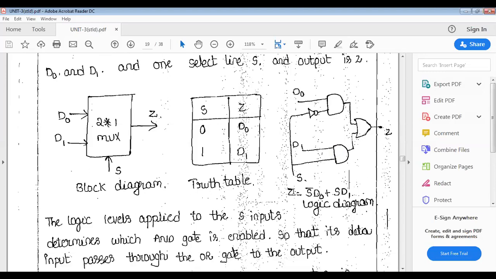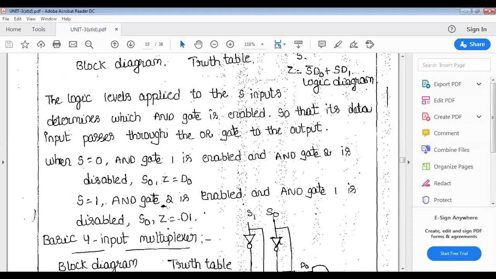So when S is equal to 0, AND gate 1 is enabled and AND gate 2 is disabled, so Z is equal to D0. Whatever data is in D0, the first input, will appear at the output side. When S is equal to 1, AND gate 2 is enabled and AND gate 1 is disabled, because the inverter output is 0.